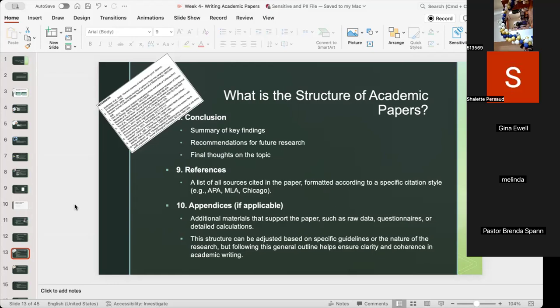And then, of course, you always have to have your references, a list of your sources cited. That's typically on a separate page. And it's usually in one of the three styles here, APA, MLA, or Chicago style. I tend to like the MLA style.